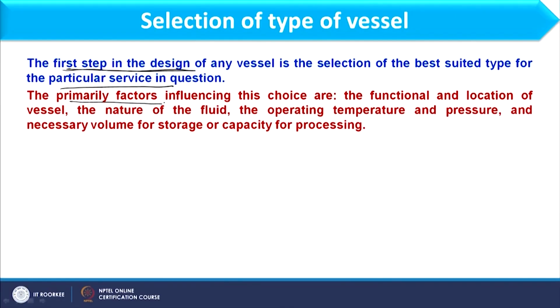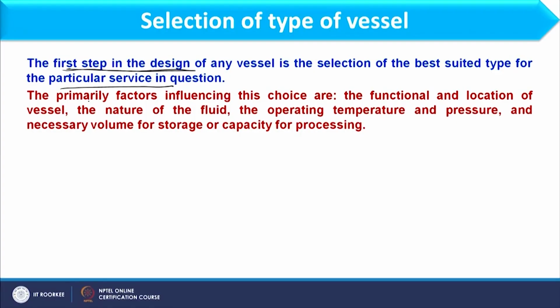Okay. So, on what parameters does that selection depend? First of all, I need to select, so I have to see the parameters. The primary factors which influence the selection of vessel depend on the function and location of the vessel. What function I have to carry out in this, accordingly the vessel should be selected.